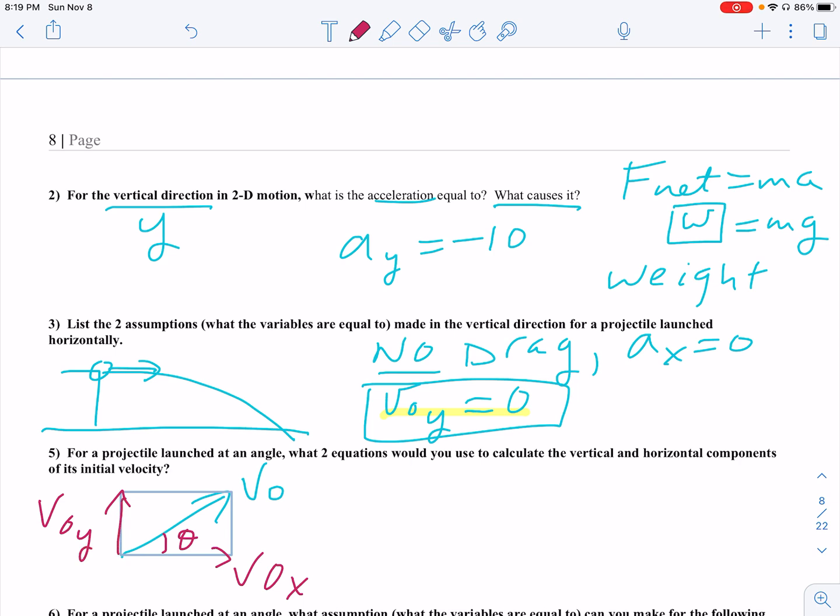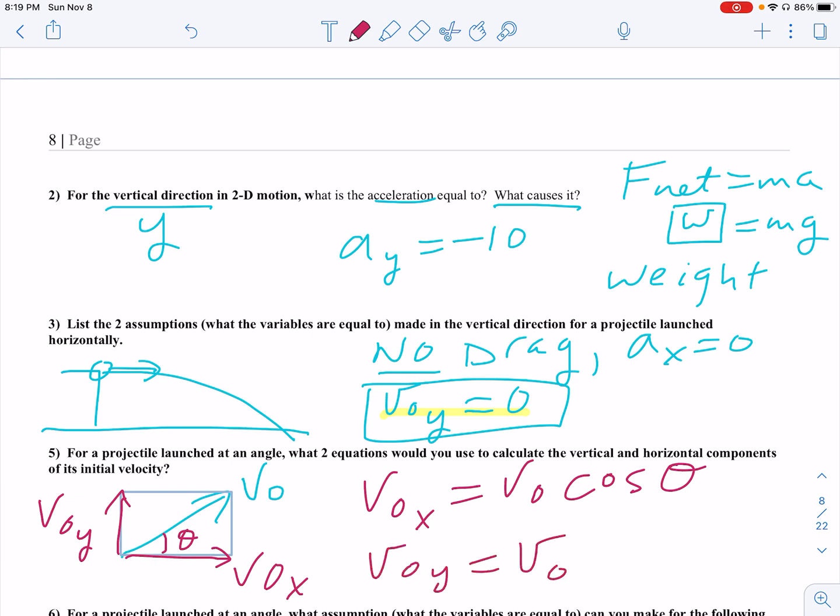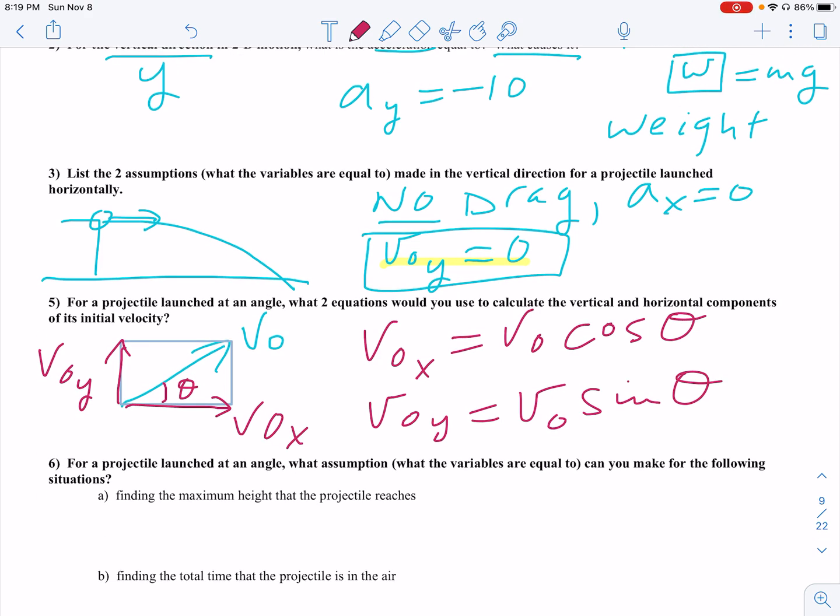The three-finger rule. This is on your equation sheet, though, in one form. VOX equals VO times cosine of theta. Be sure to use degrees. VOY equals VO times sine of theta. You gotta be able to use it to do two-dimensional angle problems, problems that go like this, right? They get shot and they make a parabola.